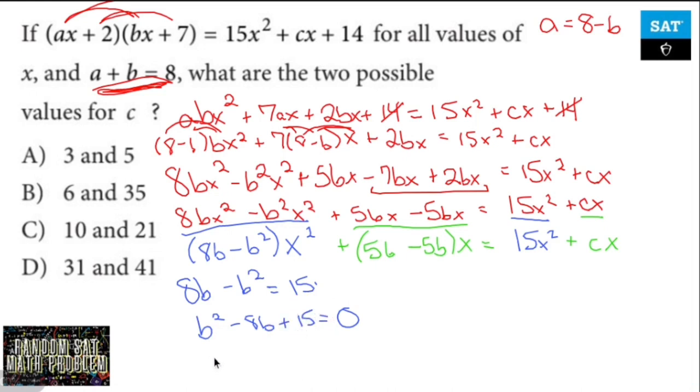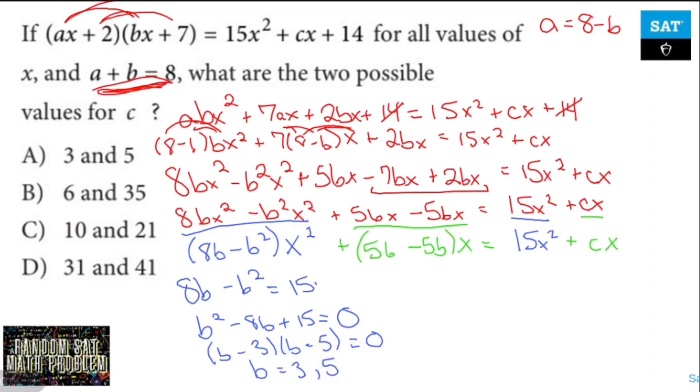And I should be able to get b minus 3, b minus 5 equals 0, which means b is 3 and 5.